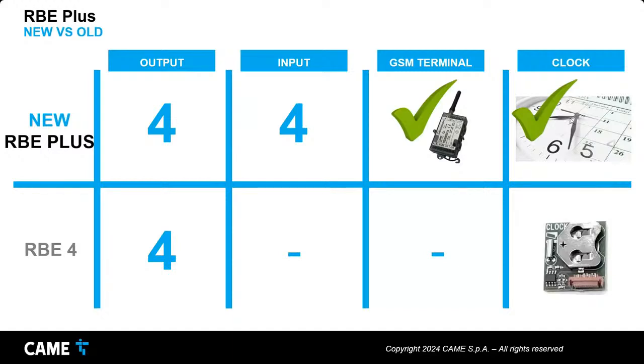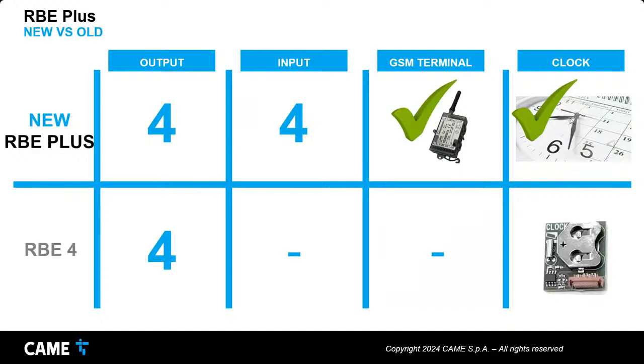basically access control facilities that are better controlled depending on time. But not only these. If we have analog services that come with the release on board the RBE Plus, thanks to the Kame Connect, we can also have scenarios.